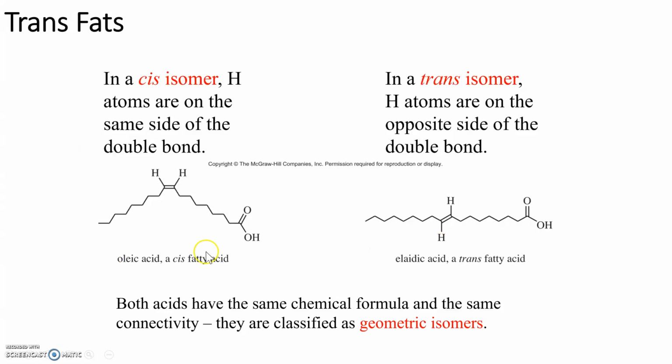So if you look at these two fats, they have the same number of carbons, same number of hydrogen, same carboxylic acid group, but the chemical structure looks different. This is more of a bent molecule. This is a linear molecule. The location of these hydrogens is what controls these isomers. One is known as a cis isomer, one is a trans.